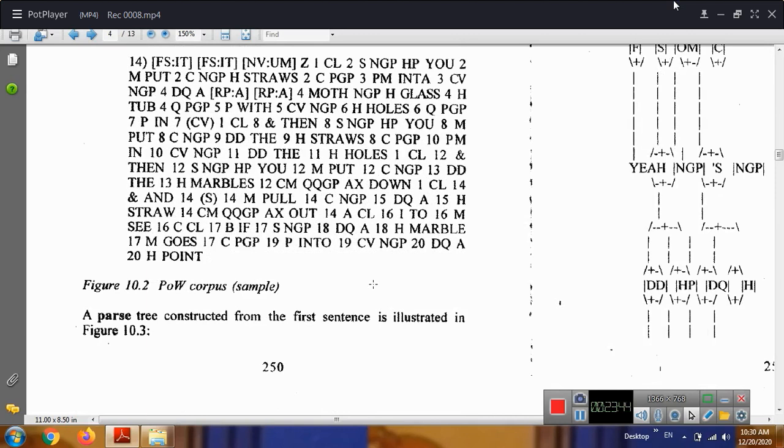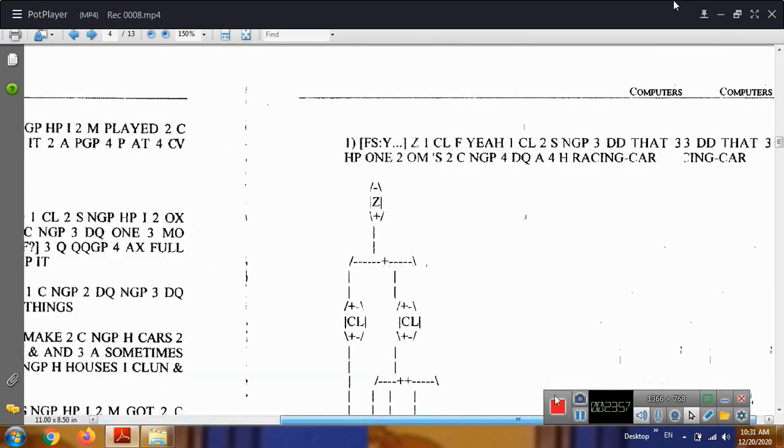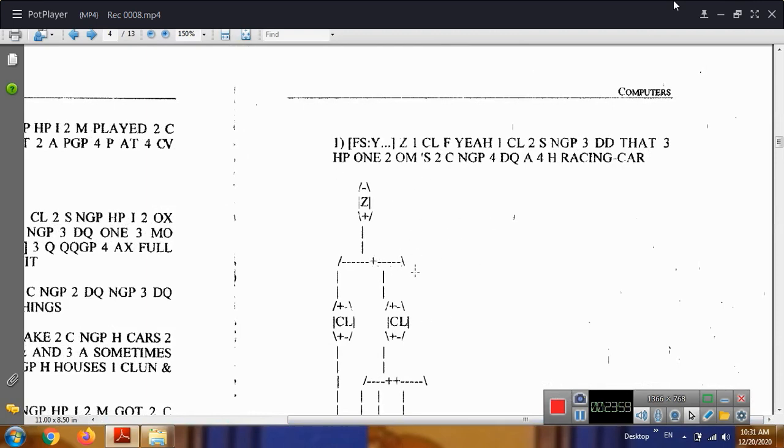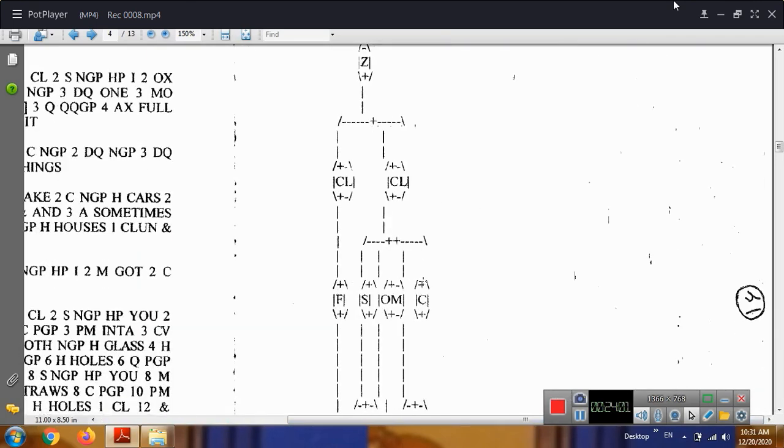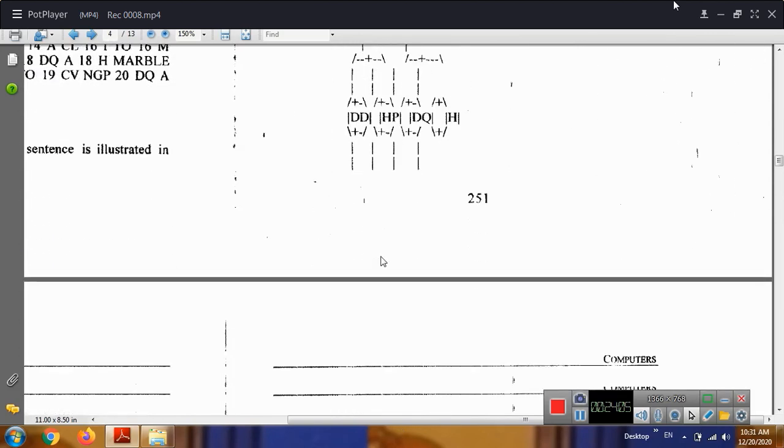This is a sample of the POW corpus, and in the following you can see a parse tree constructed from the first sentence, illustrated in the figure. We have the treebank here of this data. By treebank we mean such a structure.